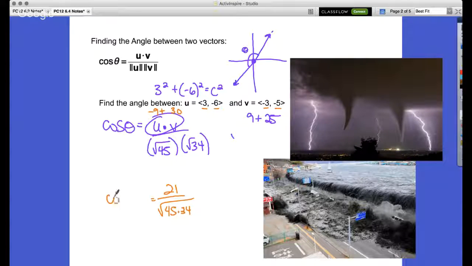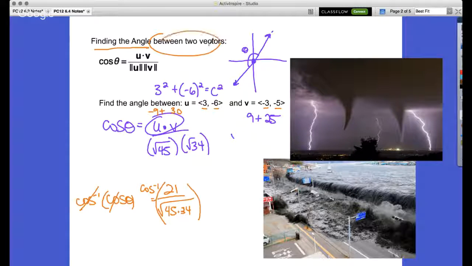Now how do I get that cosine out of there? Well, we did it kind of earlier. Do the cosine inverse of both sides, right? So when I do the cosine inverse of both sides, I get theta by itself, which is my goal. I want to find that angle, right? Find the angle between the two vectors, and I can do that by doing the cosine inverse.